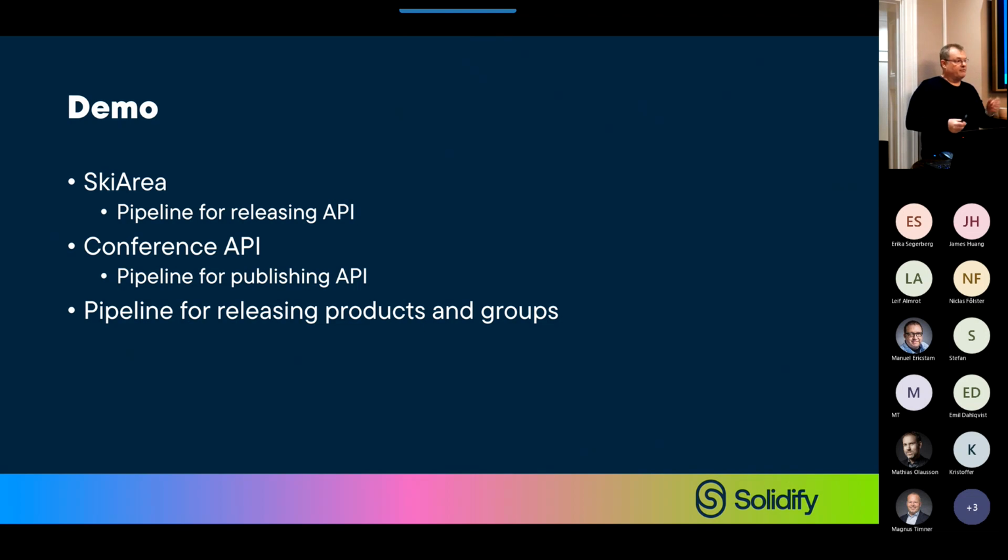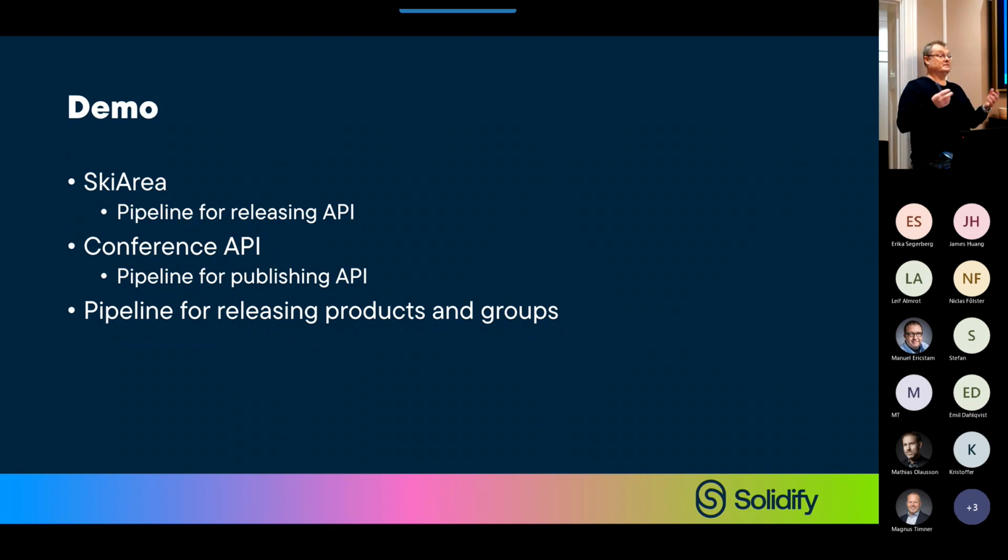And then we have the conference API. We don't own the backend. It's a service that we have the specification for. We know which endpoints to go to, but we don't own the code, and we don't intend to do any release on that.